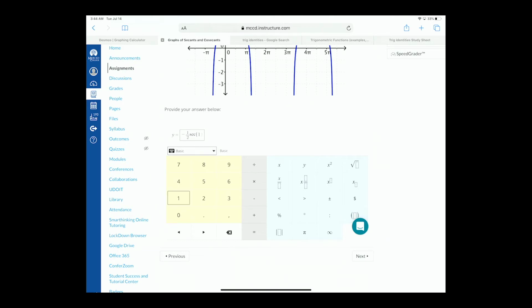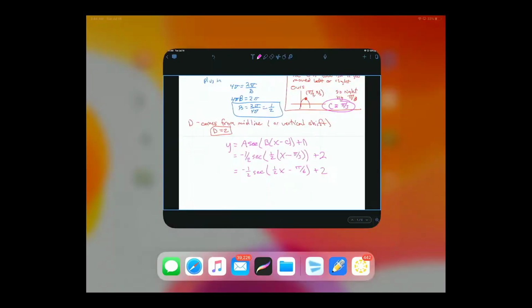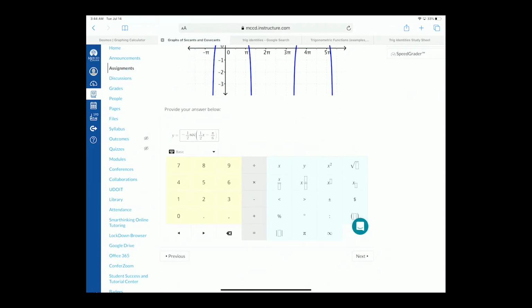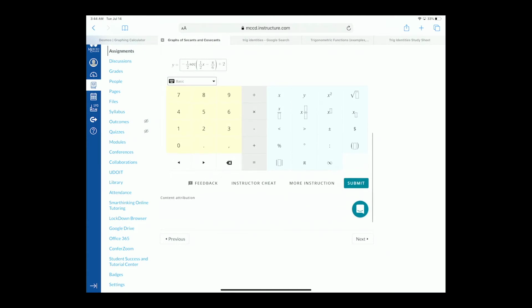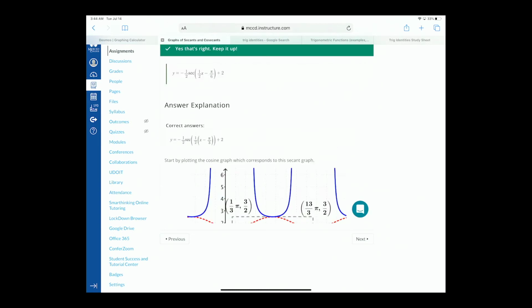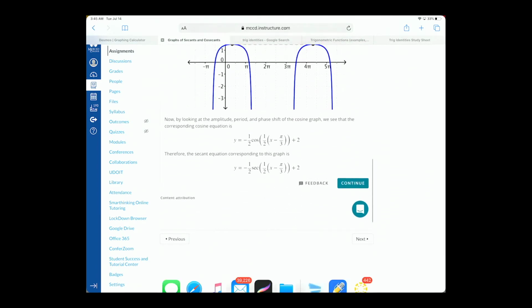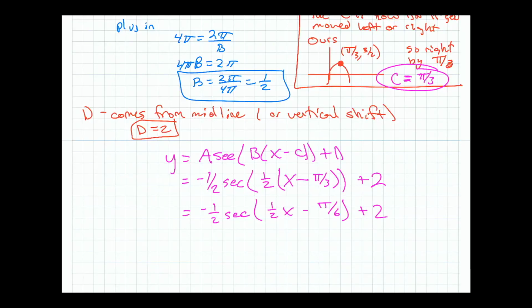I believe we had 1/2 x, I think it's minus pi over 6, but we're going to have to check it anyway. Minus pi over 6, and then plus 2. Now, if I got this wrong, then I'll just fix it. We're not starting over or something. Okay, we got it. All right, and so that wasn't that bad. I mean, it's kind of bad, but it's not impossible.